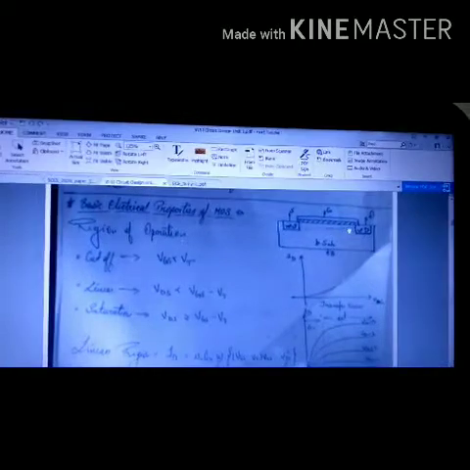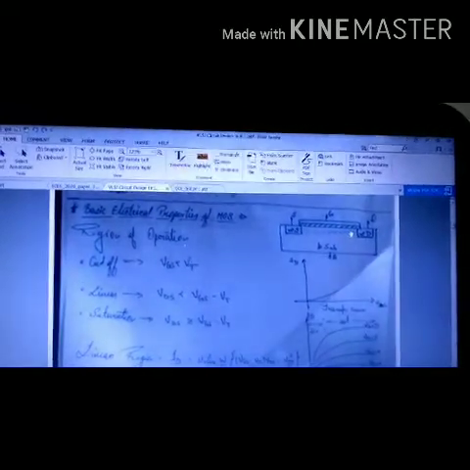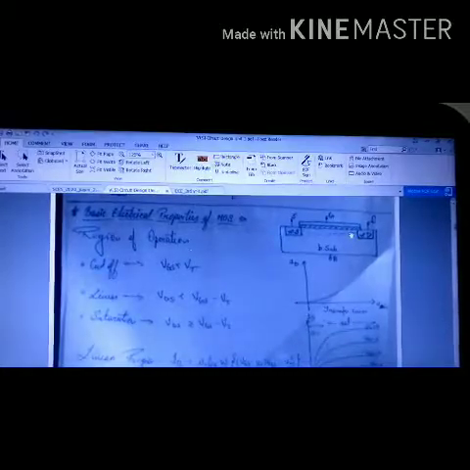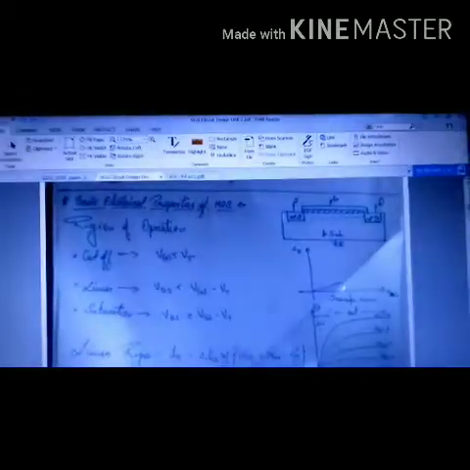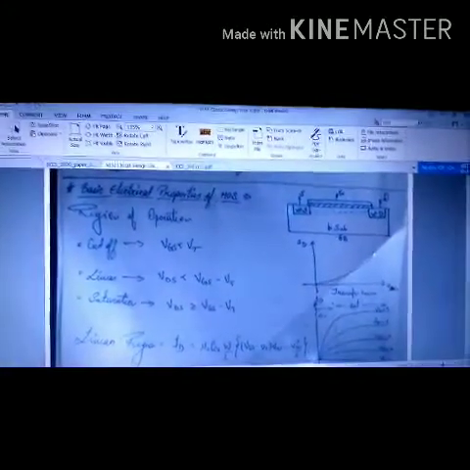Now if this drain source voltage is less than the gate source voltage minus the threshold voltage, then the device is in the linear region, and it operates linearly, following Ohm's law in most of the region.